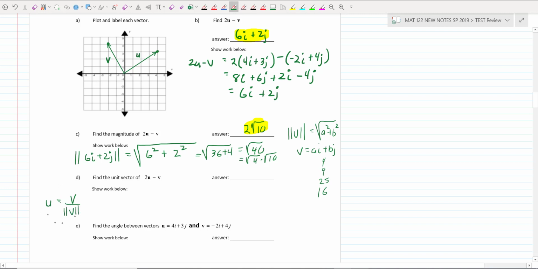So your unit vector, which I'll call u, we take this vector and divide by the magnitude that we just found. Now you would want to split this up and write it like this: 2 over 2 root 10 u.